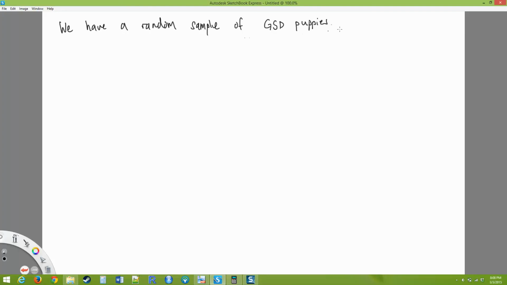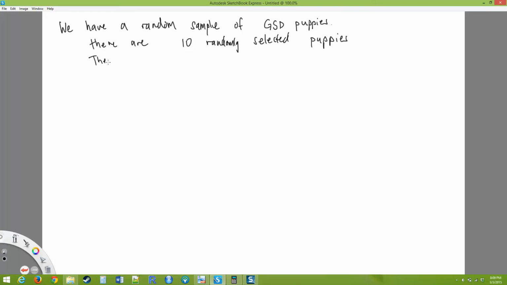And we will say there are 10 randomly selected puppies. Okay, so we're not taking puppies from the same litter or something like that, because that would not be random.